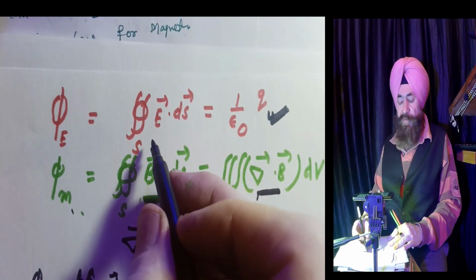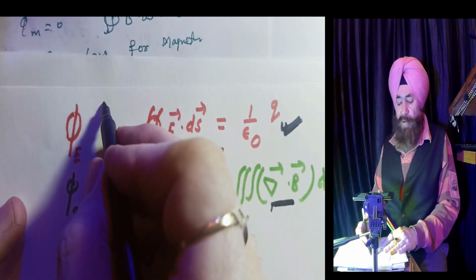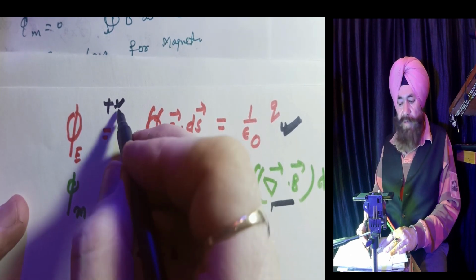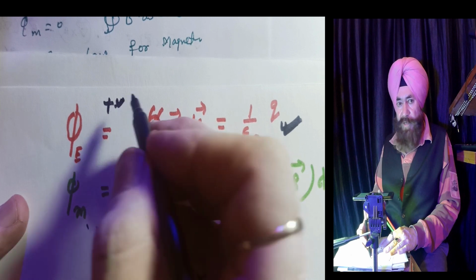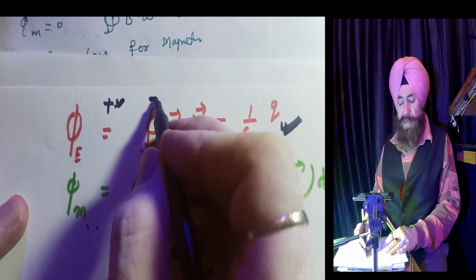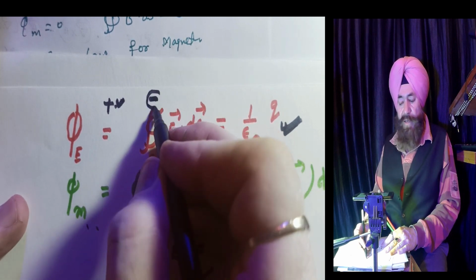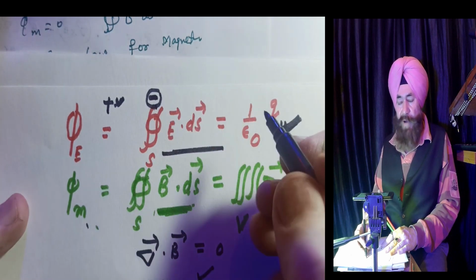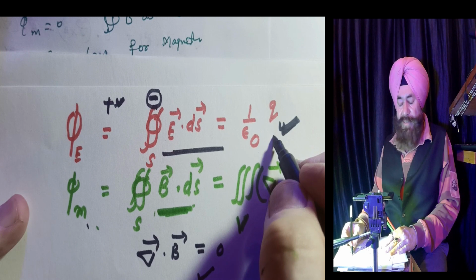And in the case of electrostatics, there's no problem. The electric lines have a starting point. They start from the positive charge and terminate on the negative charge. There is a starting point, there is a terminating point, and a single pole exists.